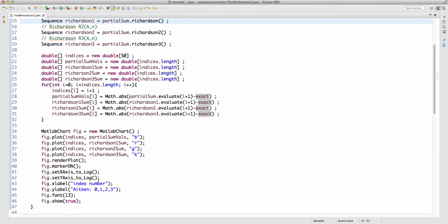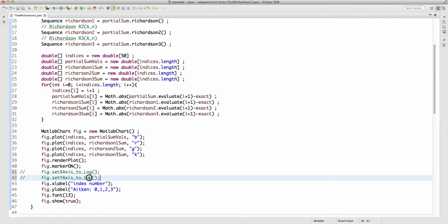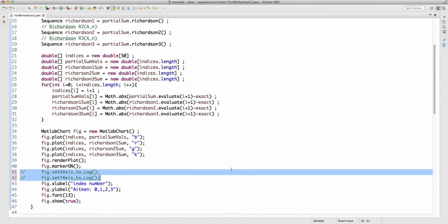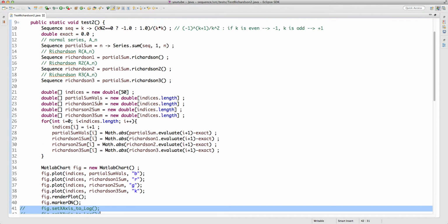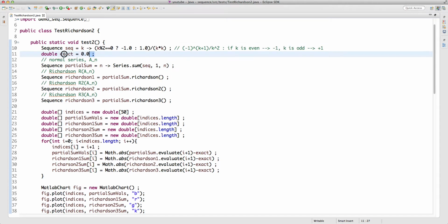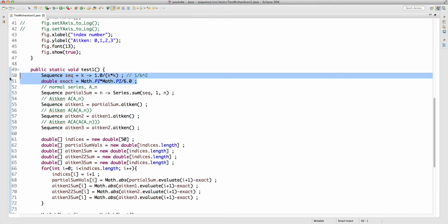Everything else is the same. Because I'm not looking at the error, I'm just going to remove the log. I just comment them out. I want to look, on a linear scale, at how the Richardson and the Aitken are accelerating the convergence here.